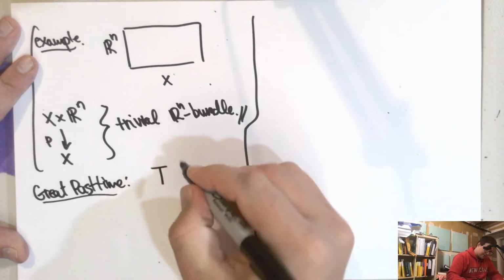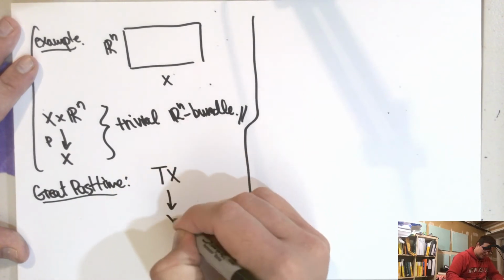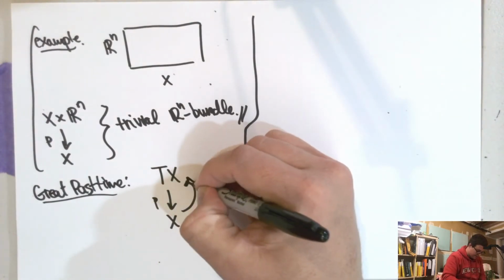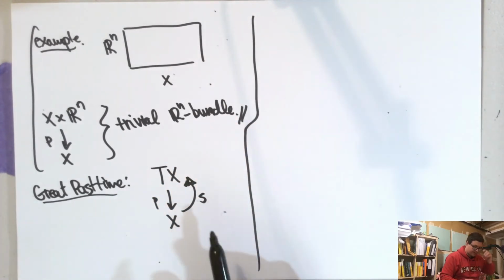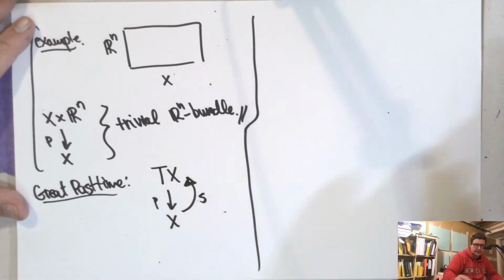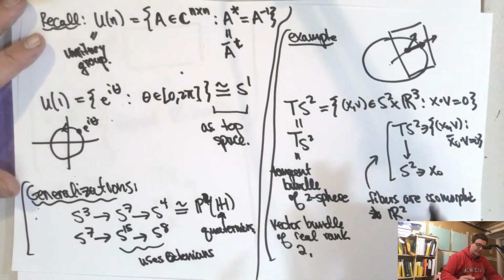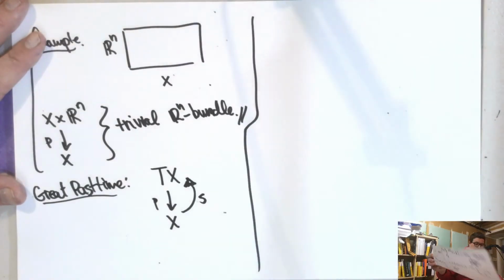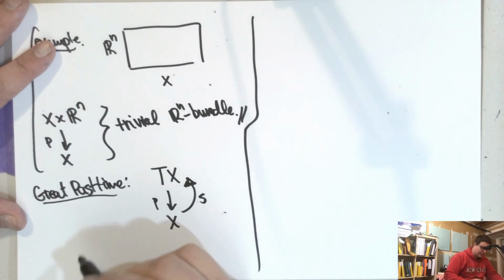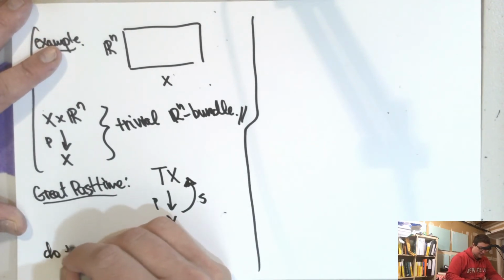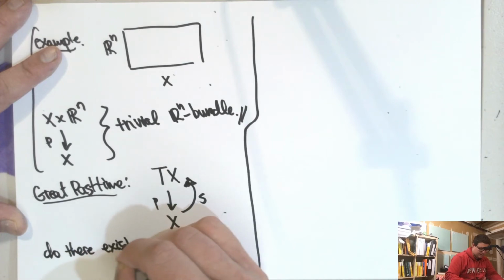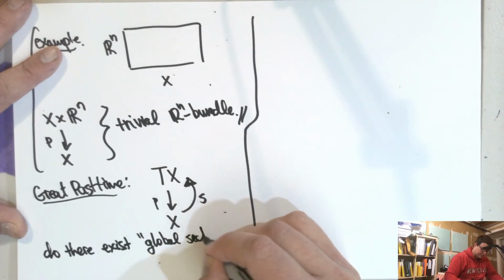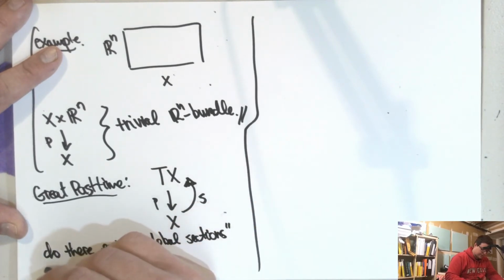But if I'm given TX and X, and I call the projection P, one of the things I want to know is how many sections, so, does this thing admit global sections which are non-zero in the sense of this vector space structure? So at each point there's a 0 vector, and one question is, do there exist global sections which are nowhere 0?